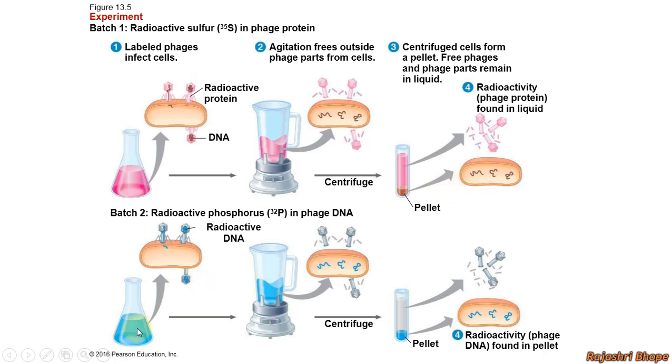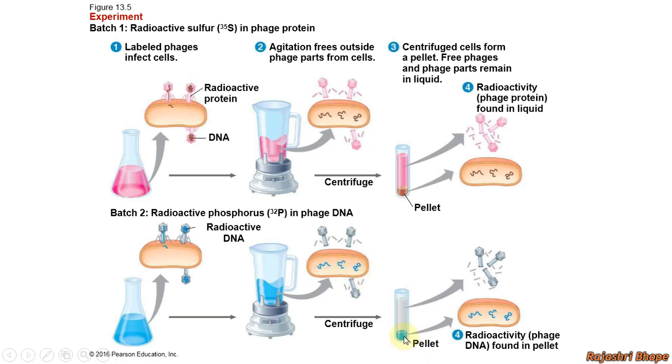In batch 2, phages with radioactive DNA are allowed to infect the E. coli cell. Then the blender is used for separation of phages. Now here inside the cell you can see these blue colored particles, which are labeled DNA molecules.